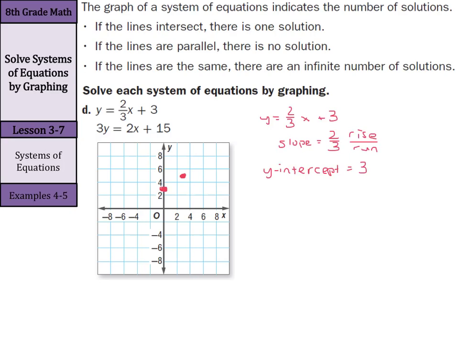We'll rise 2 up to 7 and run to 6. And we'll stay there and draw our line in as neatly as we can.